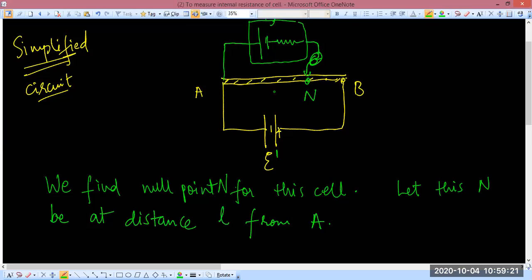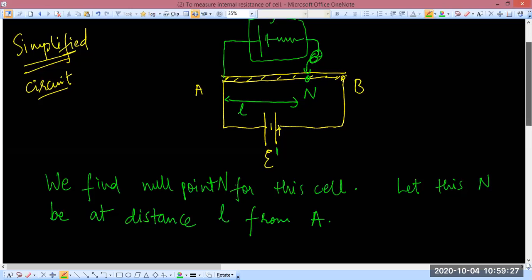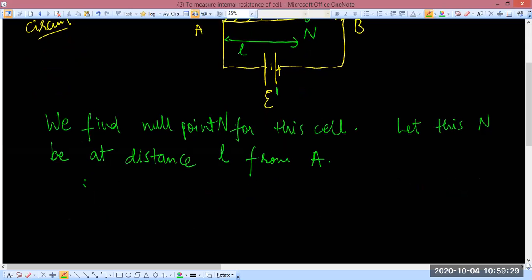It is at a distance n. So this is done, right? Clear? Where did this come from? Everyone still there?